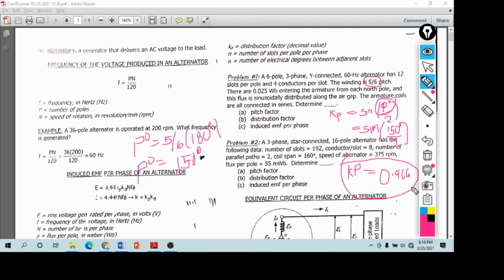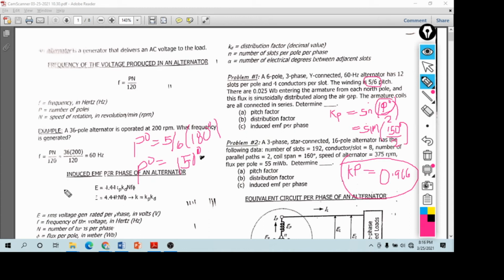As you have noticed, only 0.966 is contributed to the induced EMF.